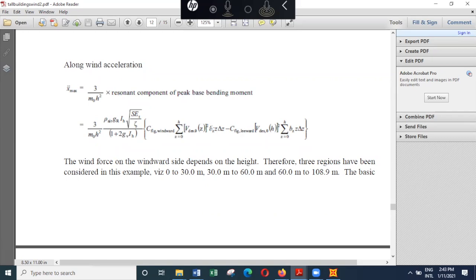It's a function of wind speed for the windward side, but it is not a function of wind speed for the leeward side. Here you can see theta is inside the sigma, here it's outside the sigma. Then you will ask what's the reason for that. I explained it earlier.